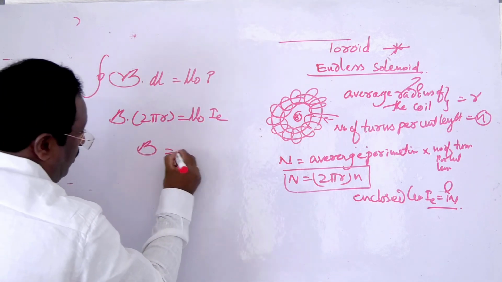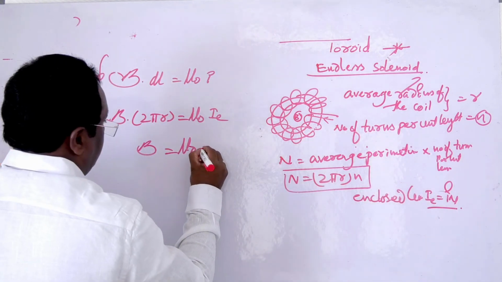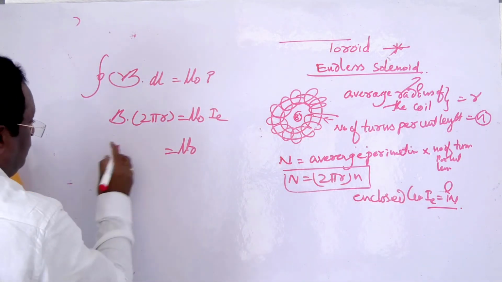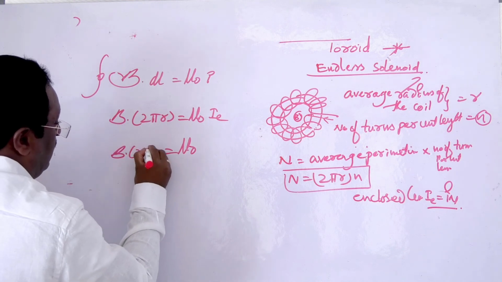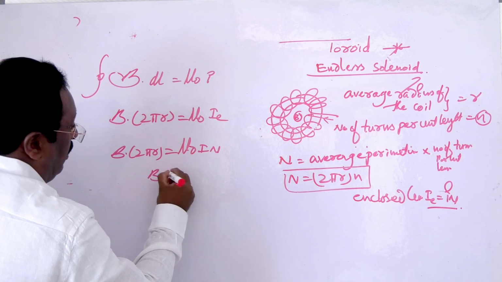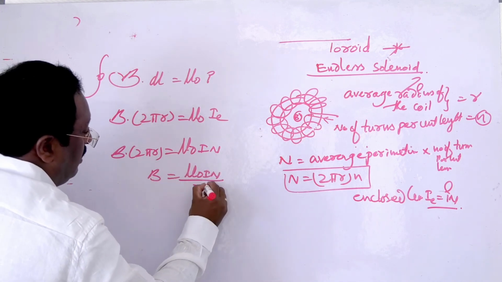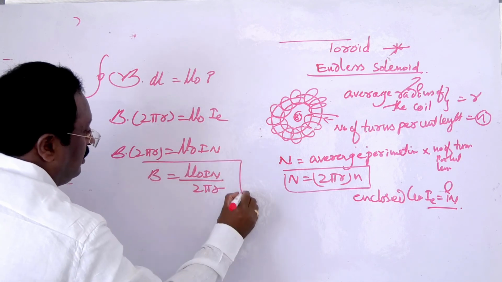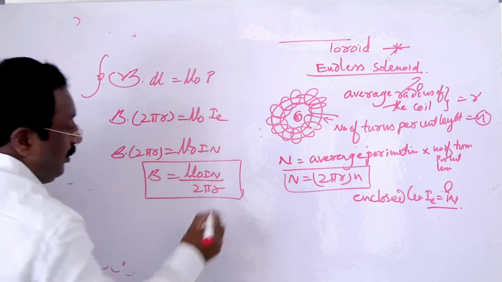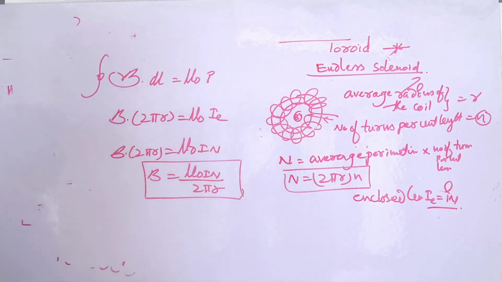The enclosed current is how much? I N. So B into 2 pi r equals mu naught I N. So B is equal to mu naught I N by 2 pi r. The magnetic field produced in a toroid is mu naught I N by 2 pi r.